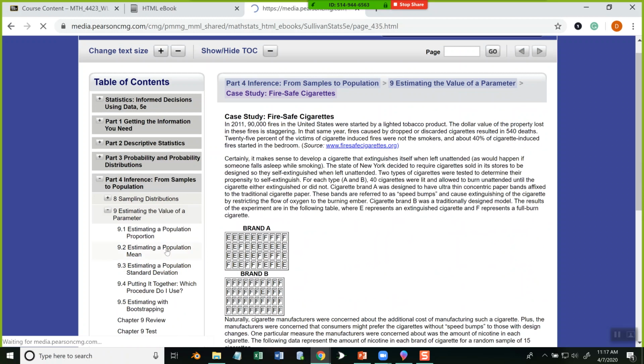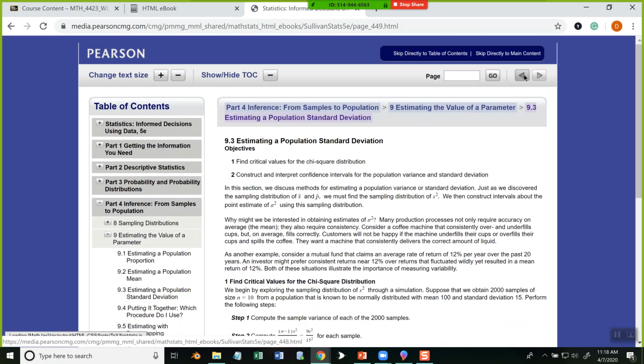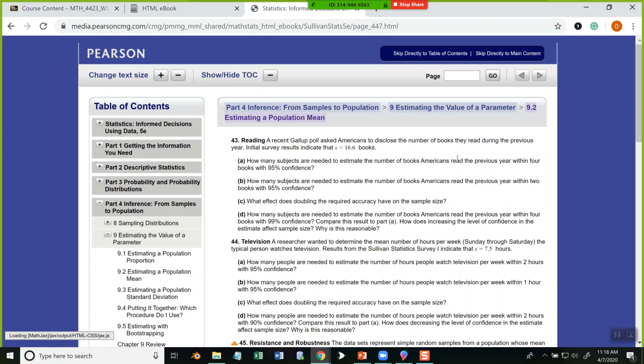Well, I'll pick one out of 9.2. I'm not gonna have much luck. Looks like.